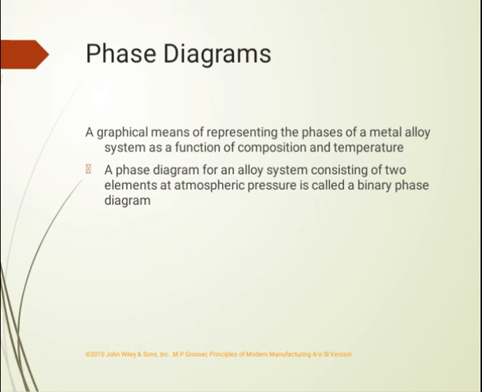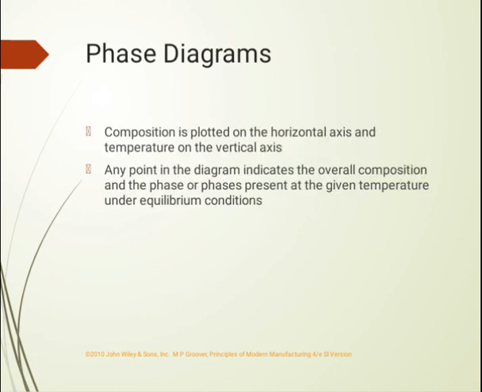The phase diagram is a graphical representation of the phases of a metal alloy system. A phase diagram for an alloy system consisting of two elements at atmospheric pressure is called a binary phase diagram.